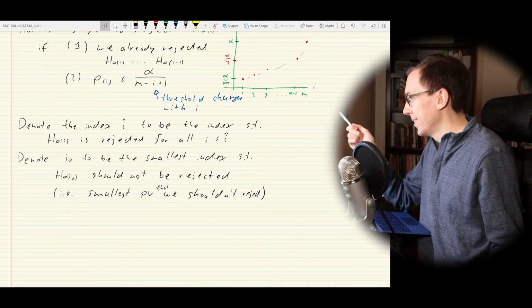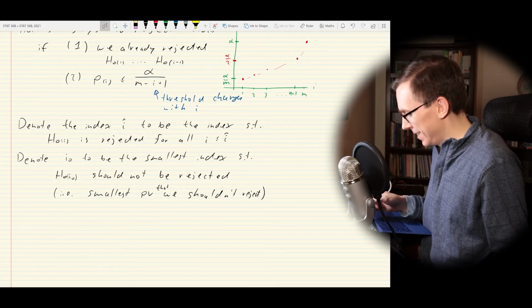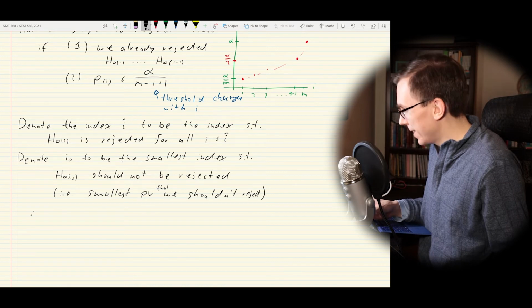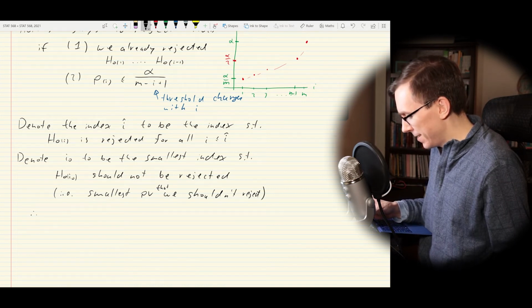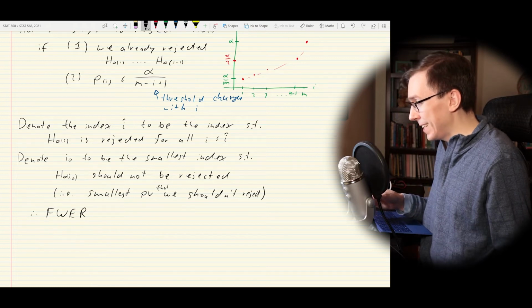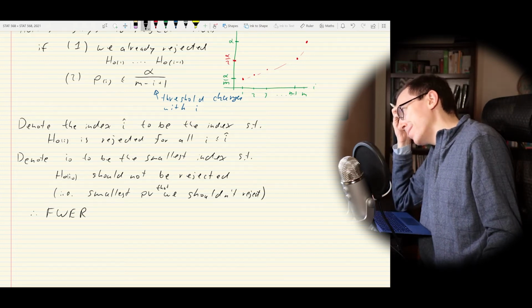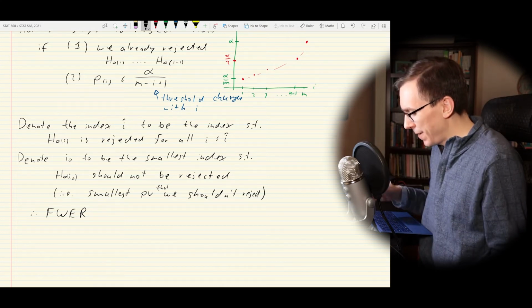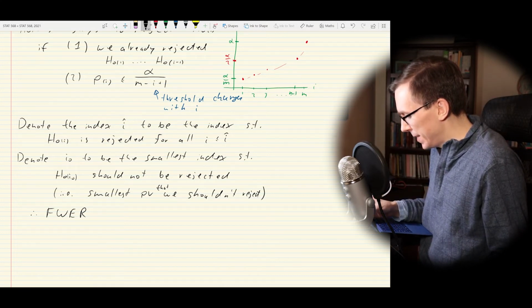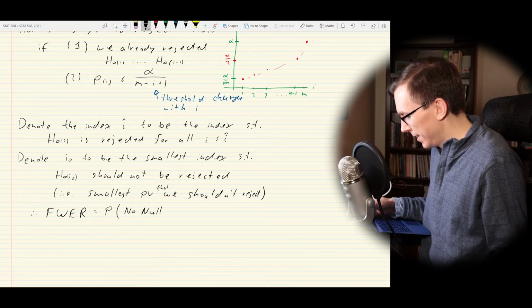Okay, so that means, therefore, the family-wise error rate is the probability, I guess what we want is the probability that no null is rejected.